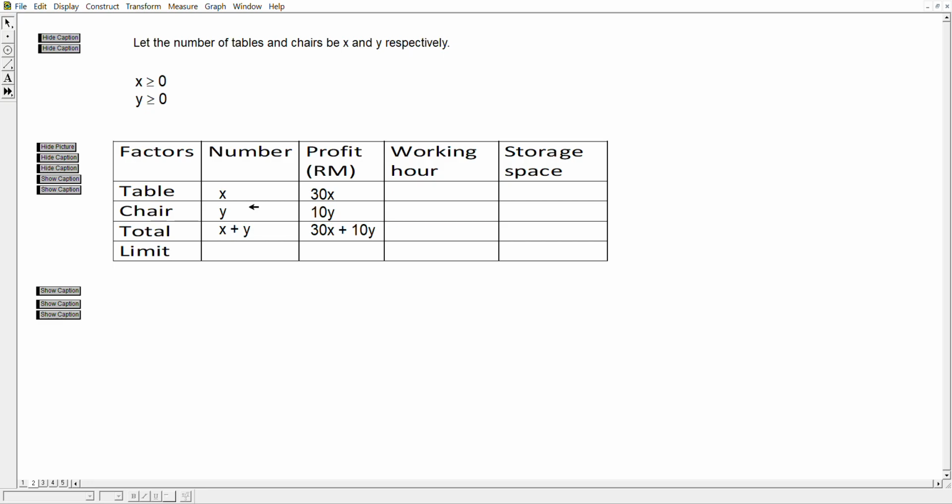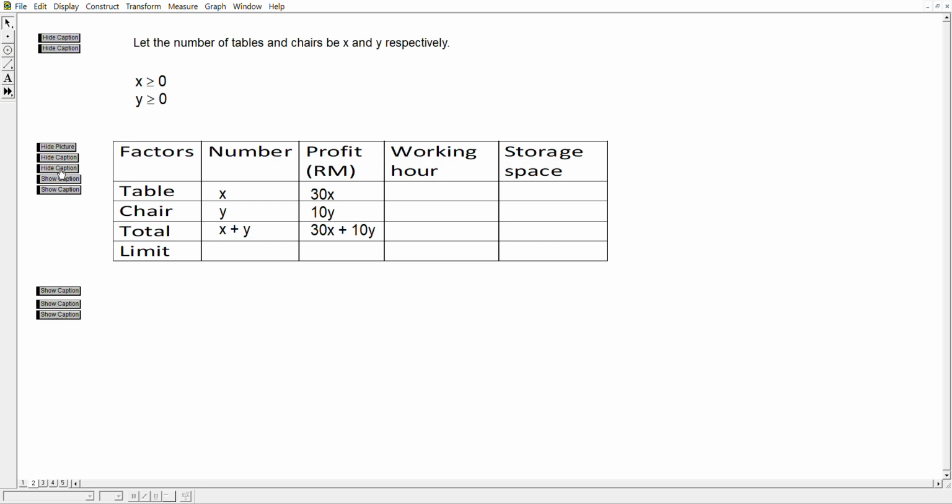Similarly for chairs, 1 chair has a profit of 10 ringgit, 2 chairs 10 times 2, 3 chairs 10 times 3, and Y chairs 10 times Y. The total profit is these two added together, 30x plus 10y.